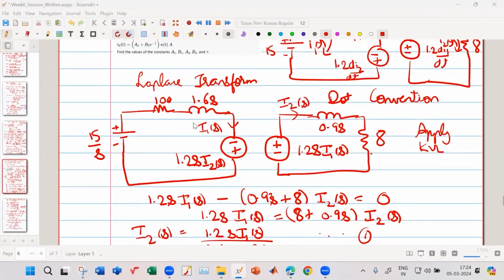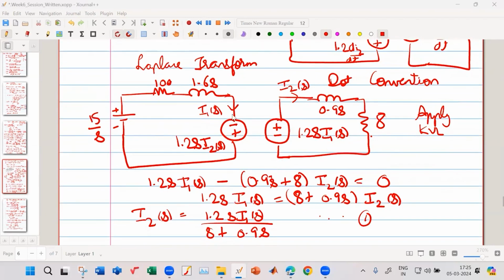So we found out I1 of s. How do we find out I2 of s now? Can anyone tell how we will find I2 of s now?